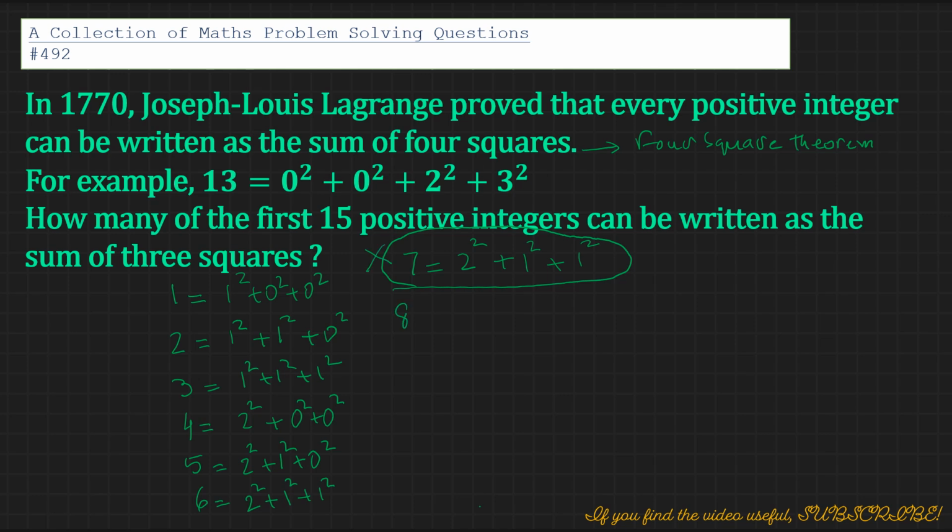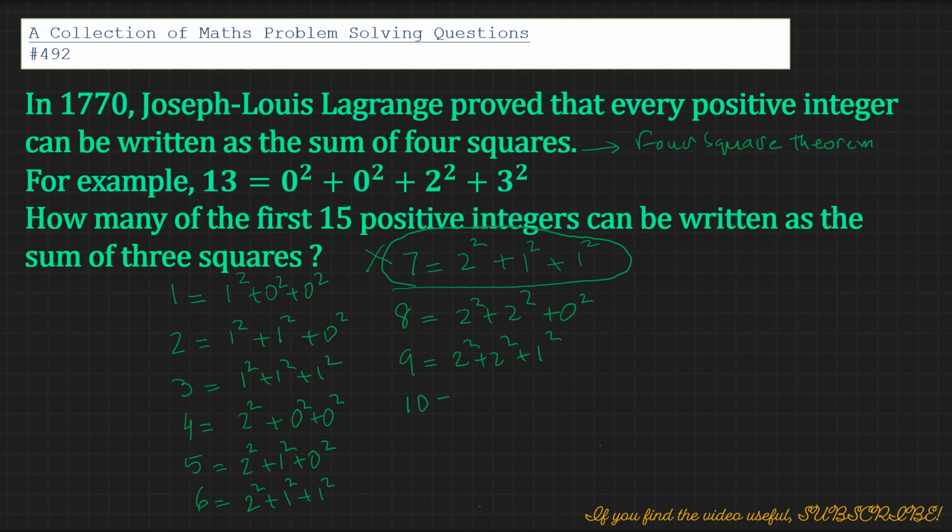So let's try 8. 8 is of course 4 plus 4, so 2 square plus 2 square plus 0 square. 9 is 2 square plus 2 square plus 1 square, so 4 plus 4, 8 plus 1 is 9.